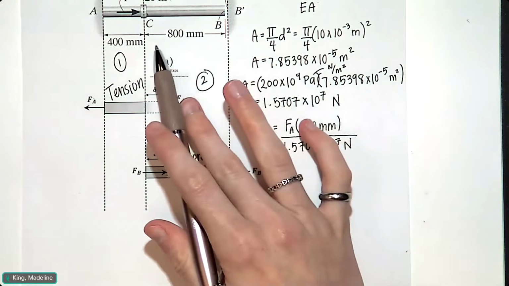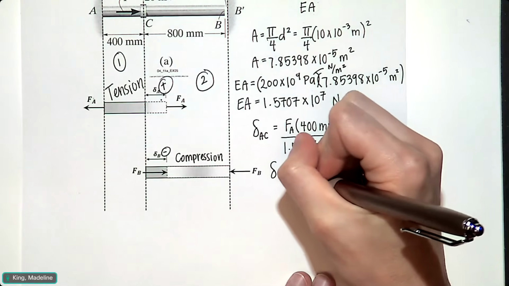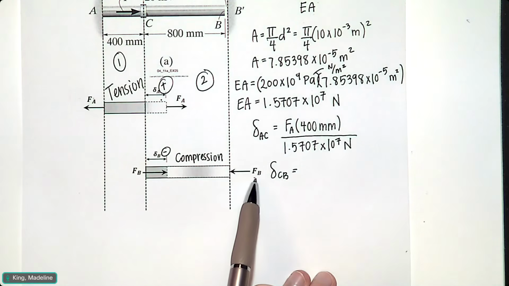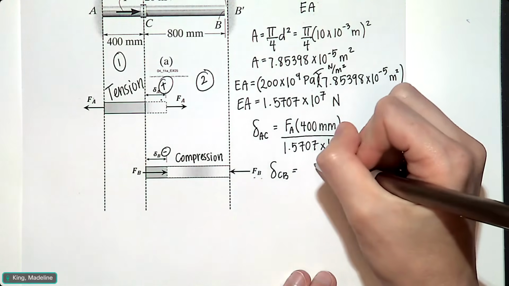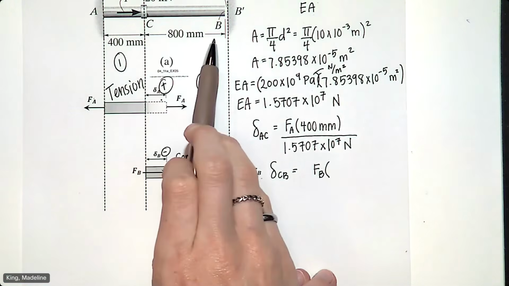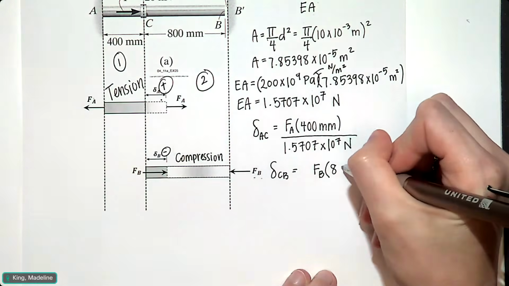Repeating for delta CB, our force at delta CB will be labeled as FB. Our length of CB is 800 millimeters.